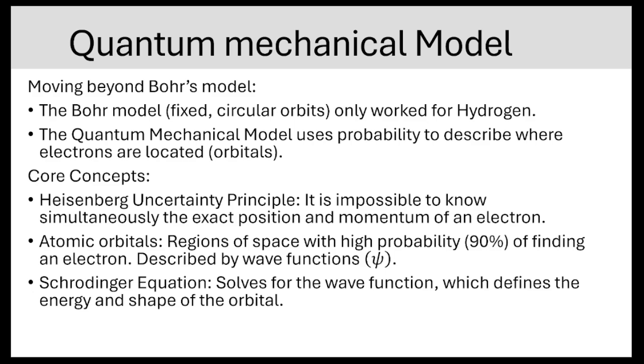Then let's formalize the concept of the quantum mechanical model, which is necessary because Bohr's atomic model was only able to define the behavior of hydrogen, and it fails for anything more complex than the hydrogen atom.